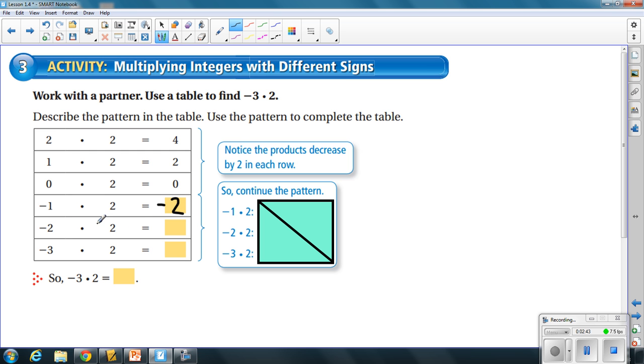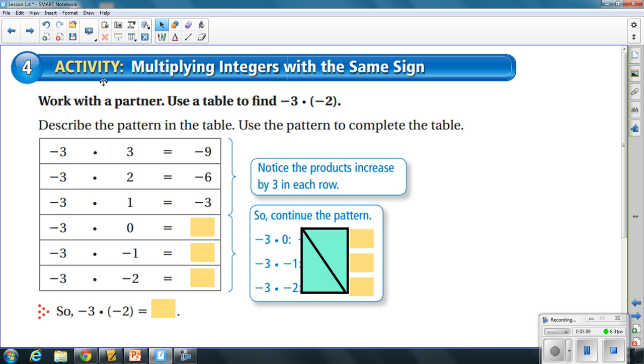Okay? Negative 2 times 2 is negative 4. And negative 3 times 2 is negative 6. So negative 3 times 2, negative 6. Take a look at the signs. Are my signs the same or are they different? When your signs are different, your answer is negative.